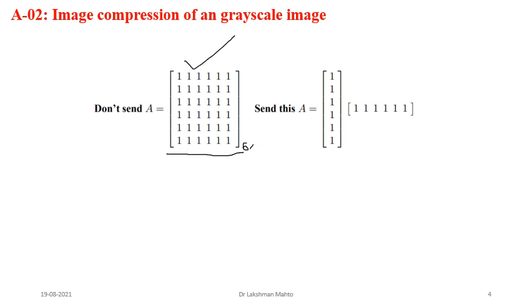That means you need to remember 36 entries in order to remember this matrix. But if you see the pattern, this matrix is actually a single rank matrix. The rank of this matrix is one. Due to that rank criterion, we can always write a rank one matrix as an outer product of a vector. Here, what we observe is that it is the outer product of the ones vector.